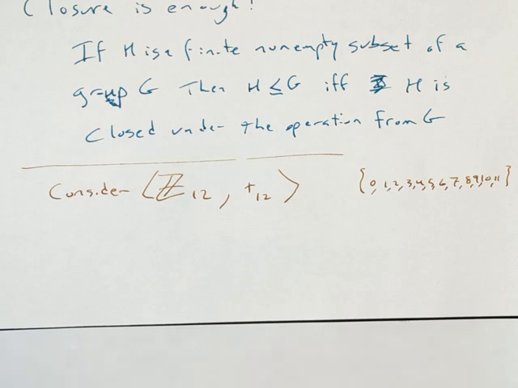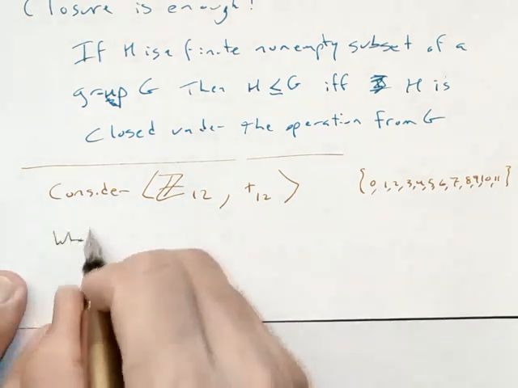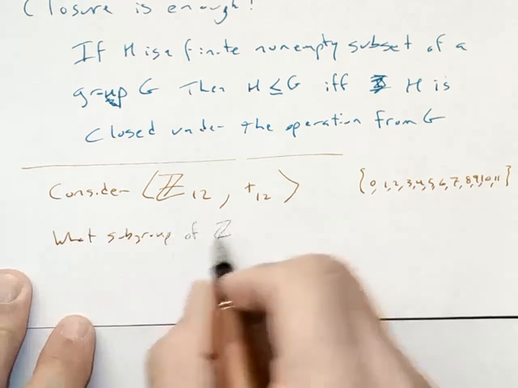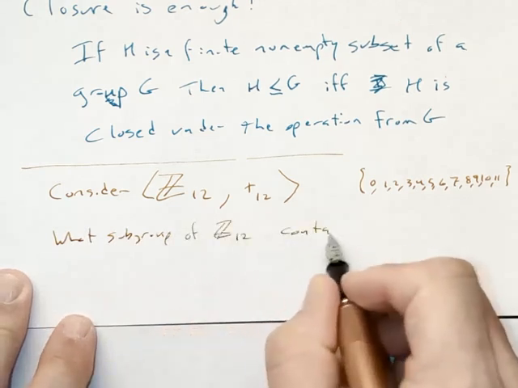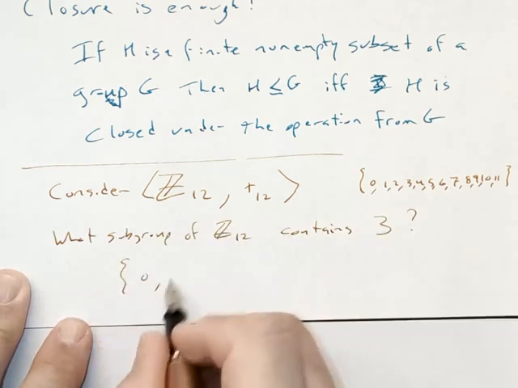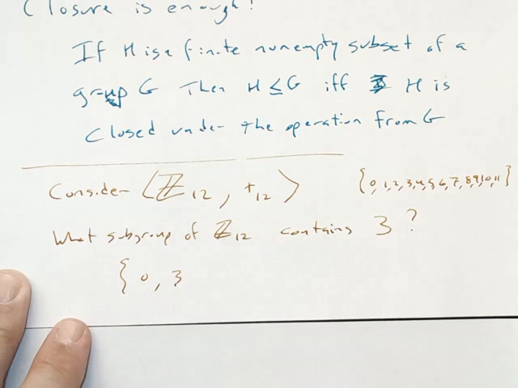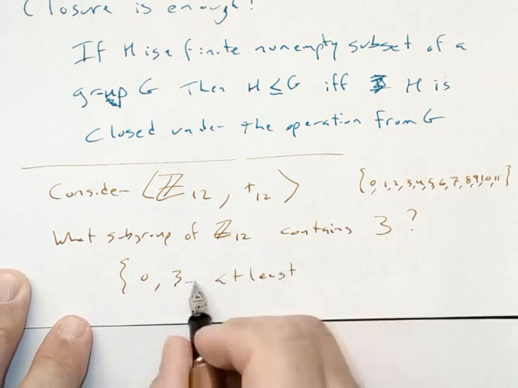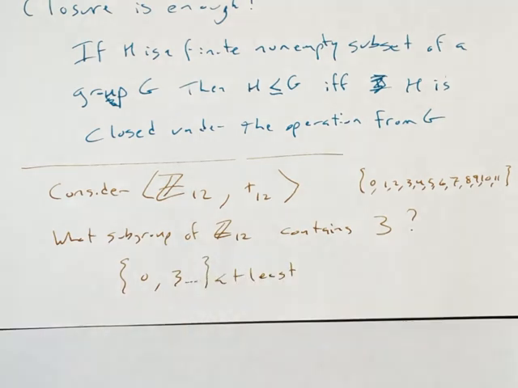So it must at least contain those. Could I start looking at closure?